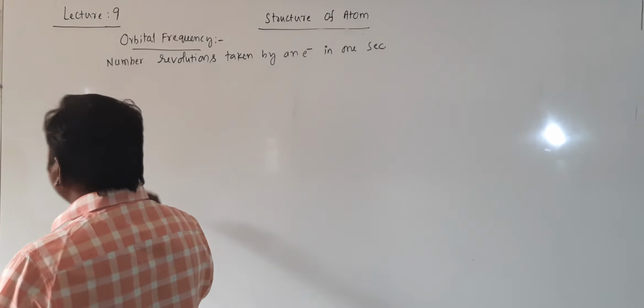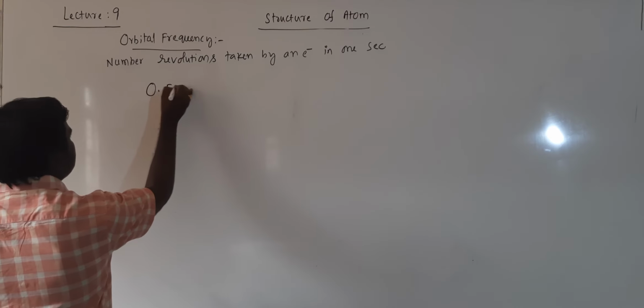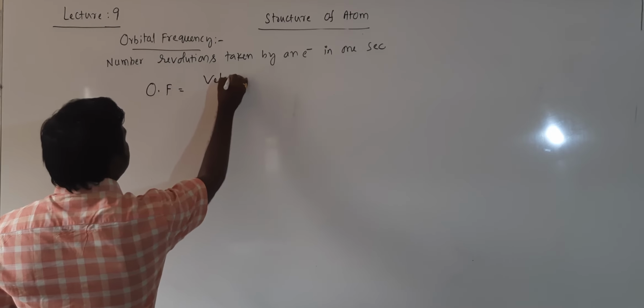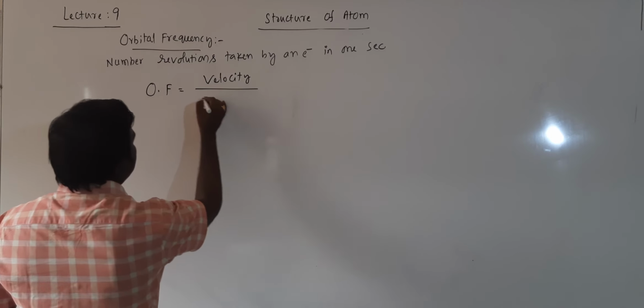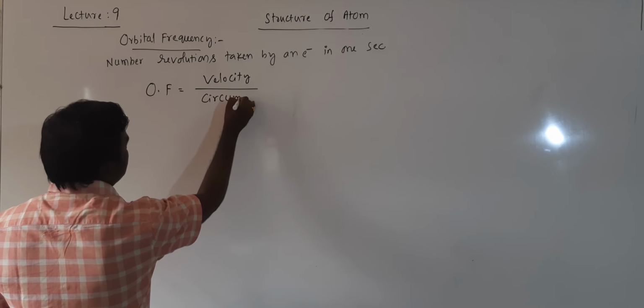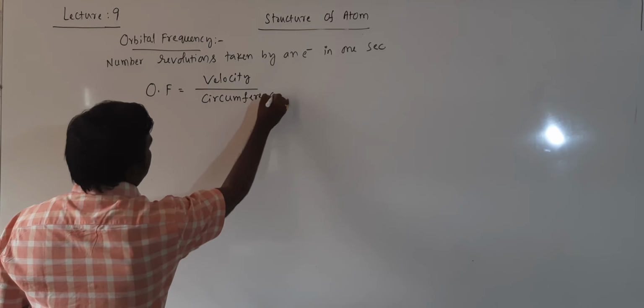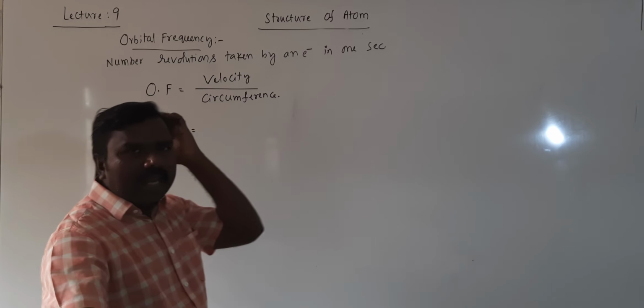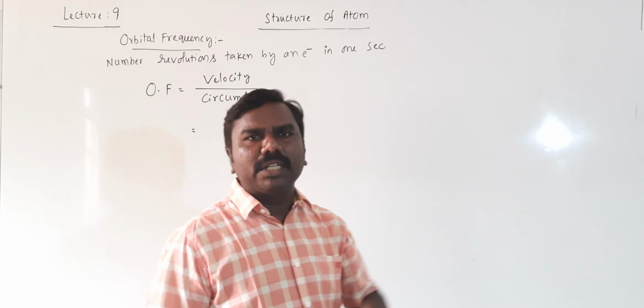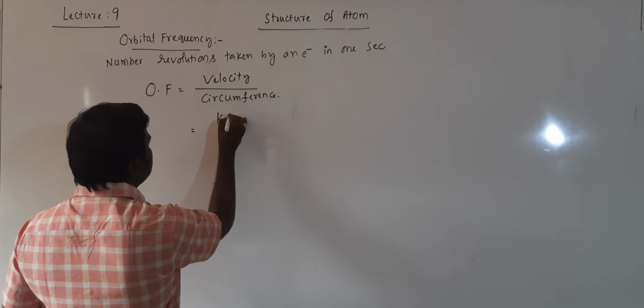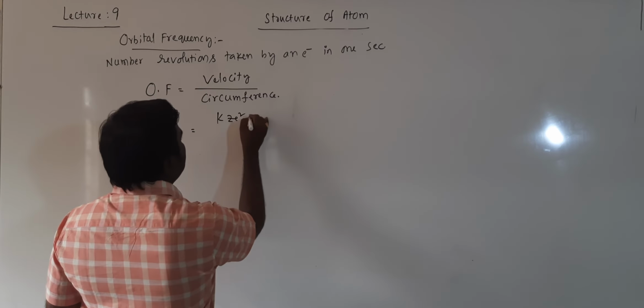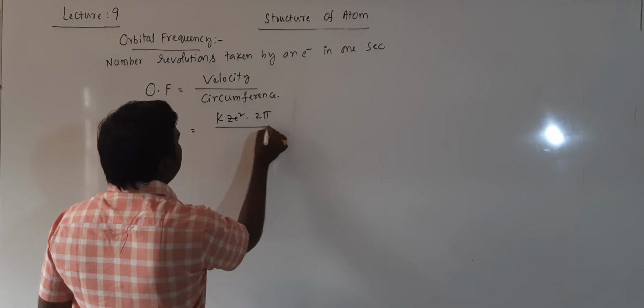Orbital frequency formula is velocity by circumference. Velocity we have already calculated, that is kZe square into 2 pi by nh.